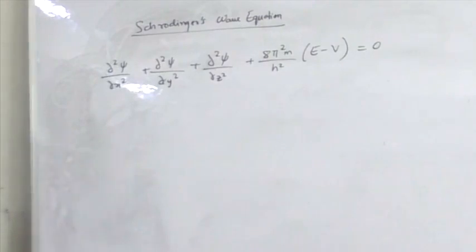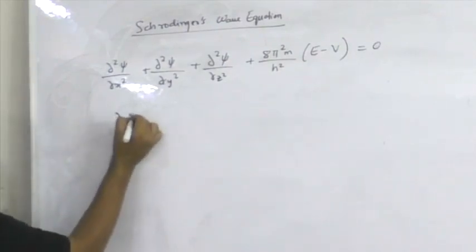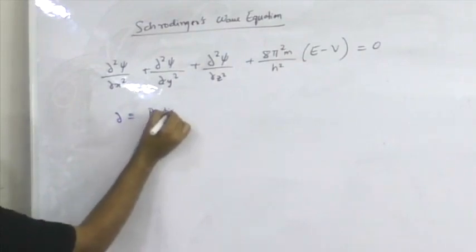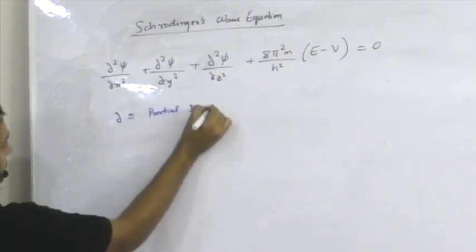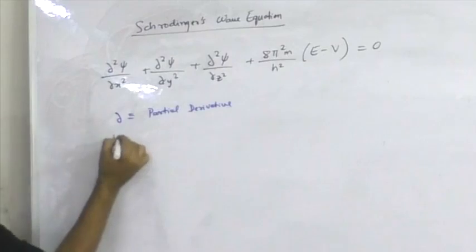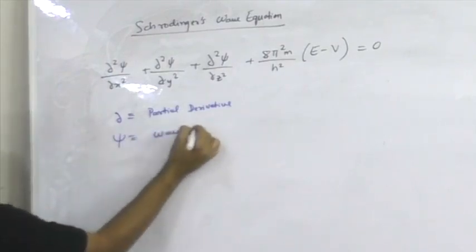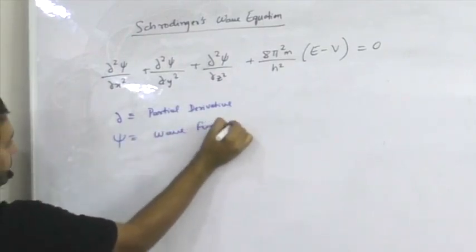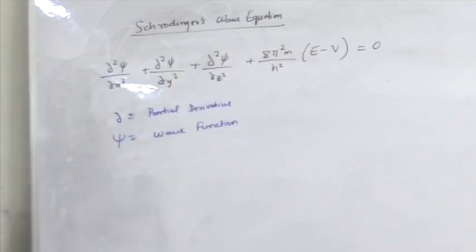Right? Don't worry about it. This is Schrödinger's wave equation, the solution of which is outside the scope of our syllabus. ∂ represents a partial derivative. ψ is the wave function. E is total energy, V is potential energy, etc.